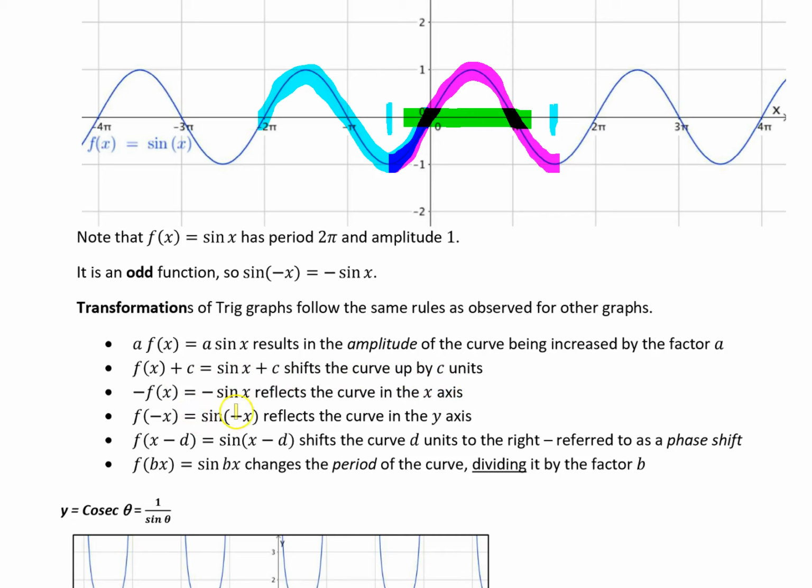The negative of the function reflects the curve in the x-axis. We saw that with previous functions. Applying the negative inside directly on the x reflects the graph in the y-axis. We saw impacting directly on the x again by subtracting a constant moves the graph to the right.